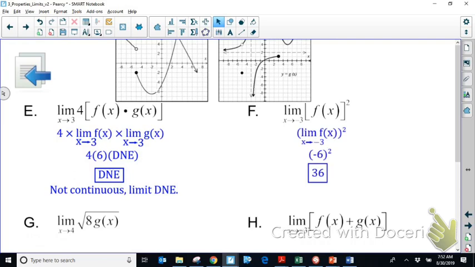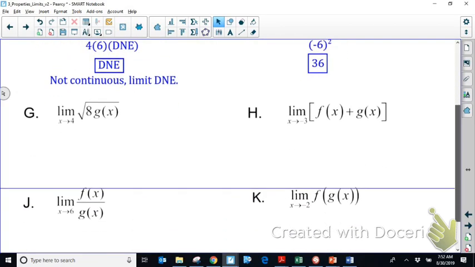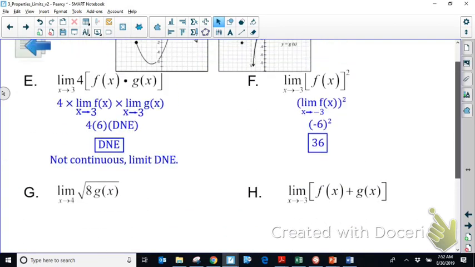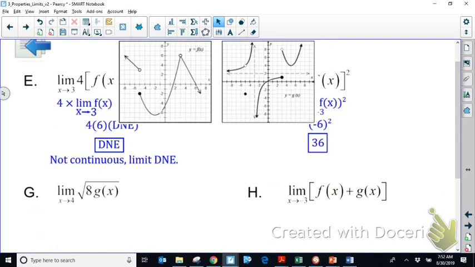For the next one here, we're looking at the power rule. Evaluate function f as you approach -3 on the x-axis, and then square that value. So we get a -6, and we square it, we get a positive 36. And here, let me just bring down the graph so we can keep it in frame.